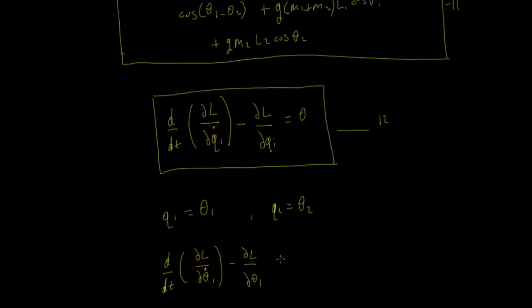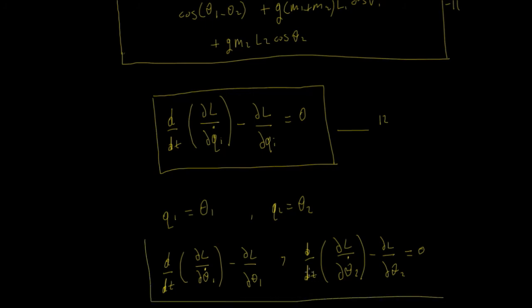So that's one of them, and the other one is d by dt of partial L by partial q2 dot, minus partial L by partial q2 equals 0. So these are the two Euler-Lagrange equations that we're going to use in order to derive the differential equation. Okay, so I'll pop on to the next page here.